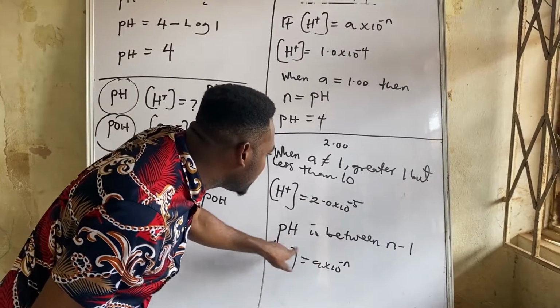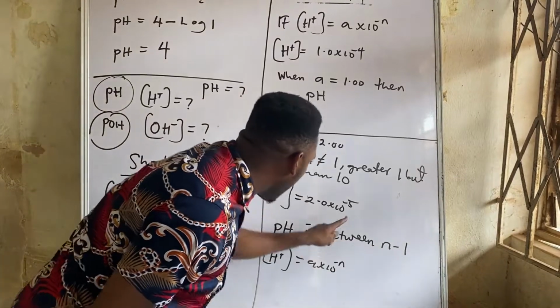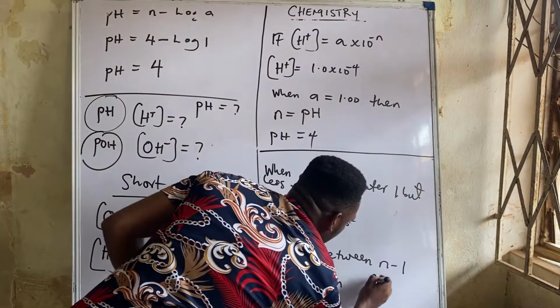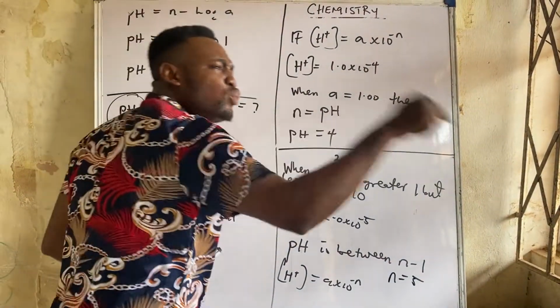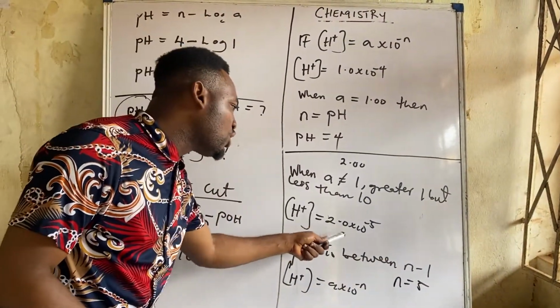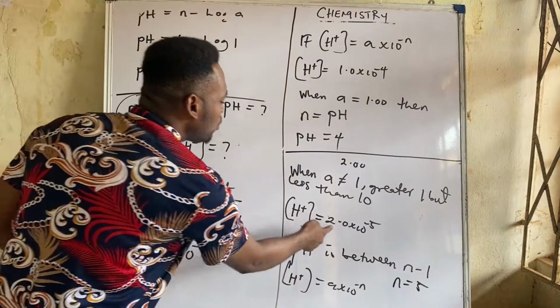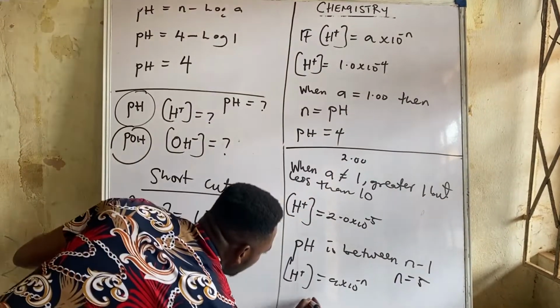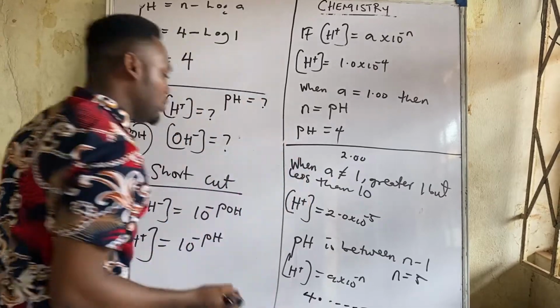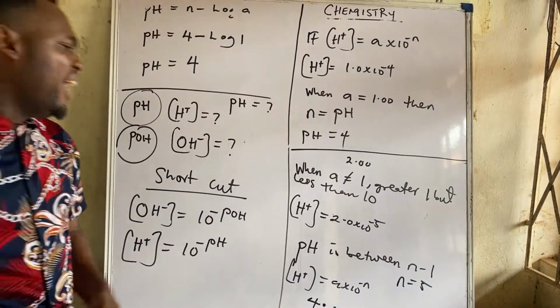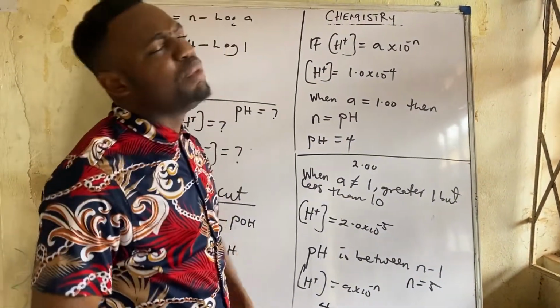What will be your pH? It is between N minus 1 and N. And what is N? N is 5. So what will be my answer? 5 minus 1. So the answer to this question will be 4 point something something. This is your answer. This is a way of knowing your answer even before you solve.